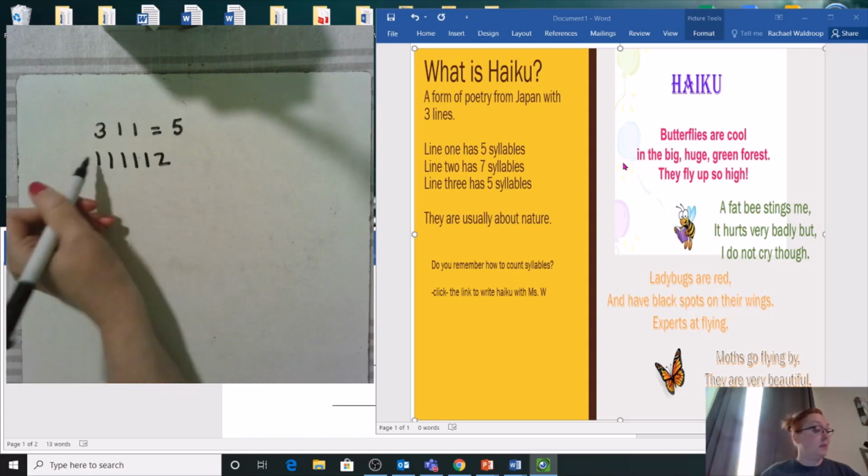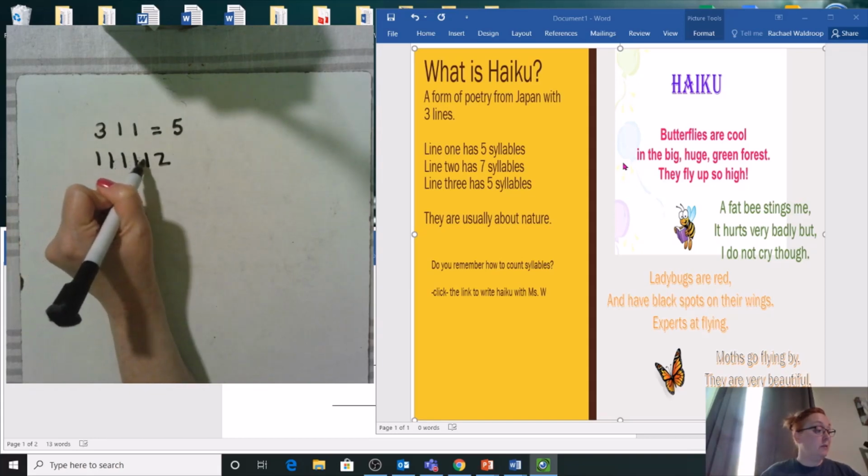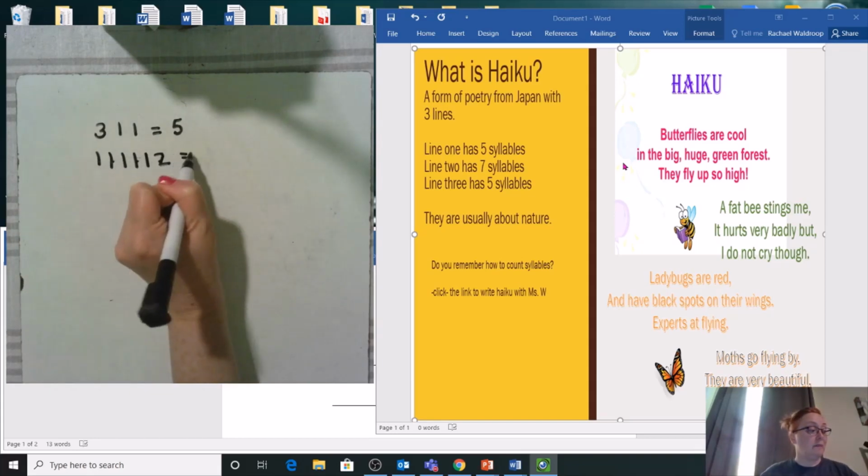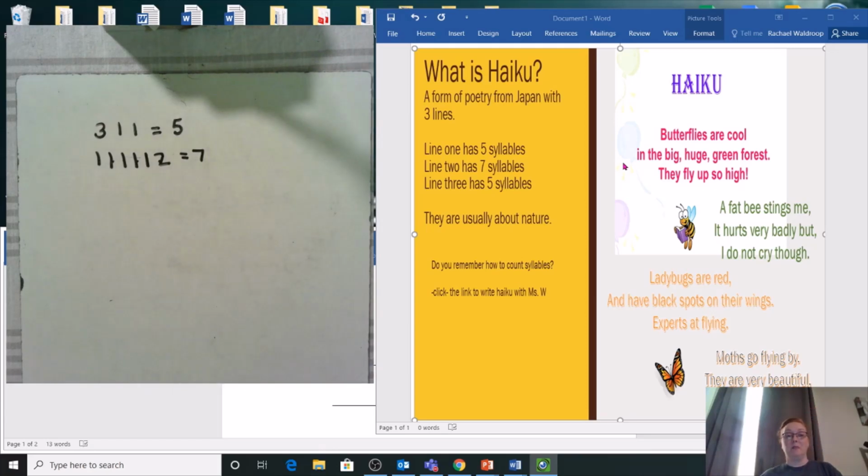Let's see. 1, 2, 3, 4, 5, 6, 7. 7 syllables. What about the last line? How many are we supposed to have in the last line of a haiku? Only 5. So we have to go back down to 5 syllables.